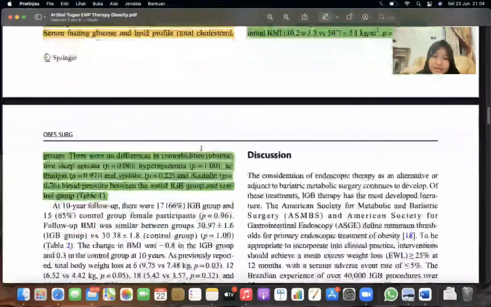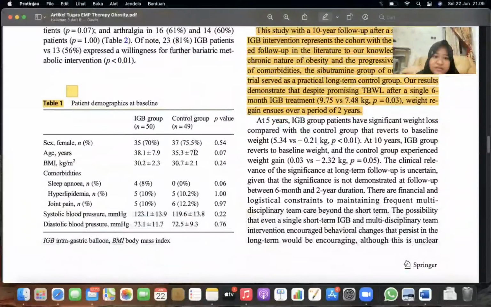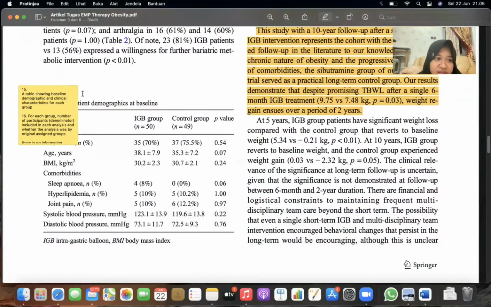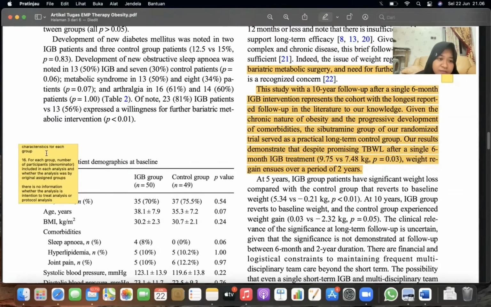Okay, next is number 15, a table showing baseline demographic and clinical characteristics for each group. The answer is in table number 1. Here we can see. Okay, the next is number 16, for each group, number of participants included in each analysis and whether the analysis was by original assigned groups.